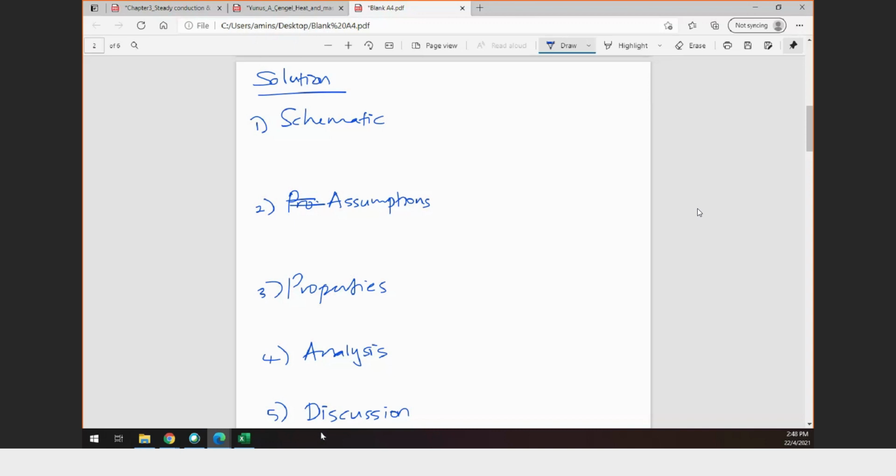Okay, some of you properly written this step, which is good, but some of you, I don't know, probably you just put all the information in one section. Sometimes I cannot find the assumption written, and also the properties are not mentioned in a clear way.